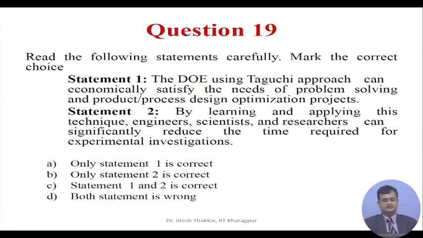Question 19. Read the following statements carefully, mark the correct choice. Statement 1. The DOE using Taguchi approach can economically satisfy the needs of problem solving and product process design optimization projects. Statement 2. By learning and applying this technique, engineers, scientists and researchers can significantly reduce the time required for experimental investigations.